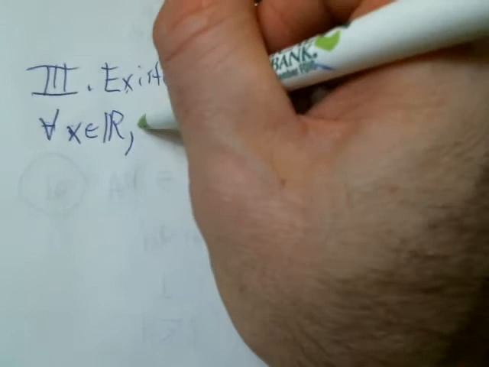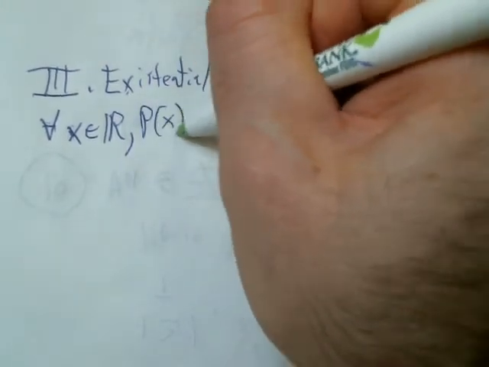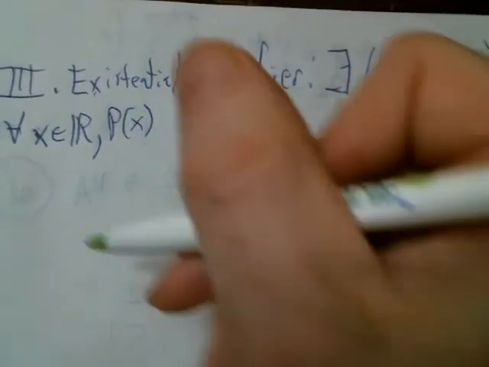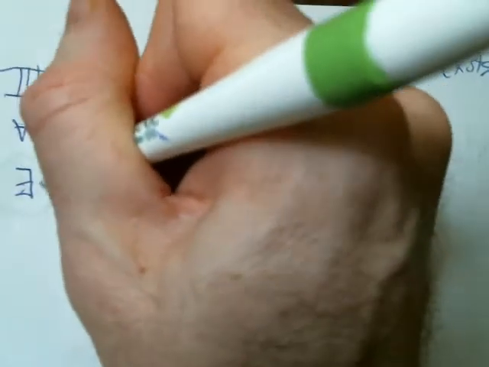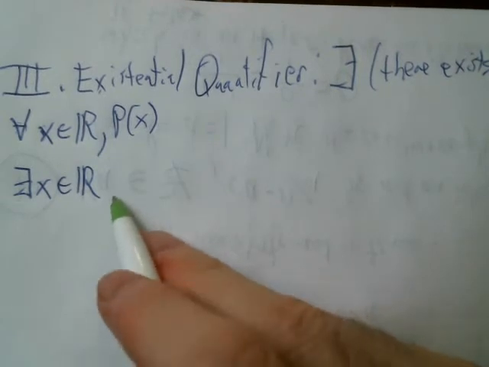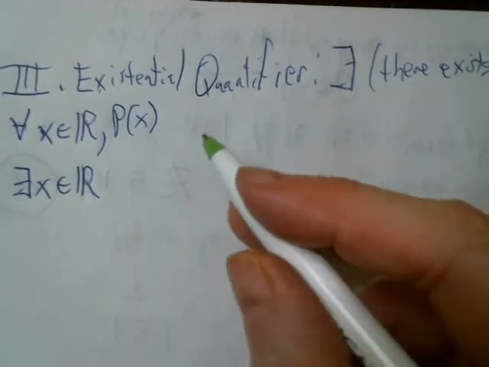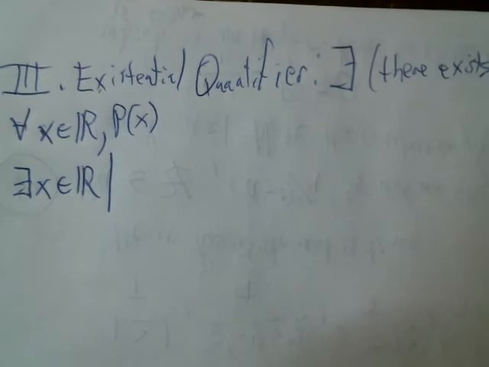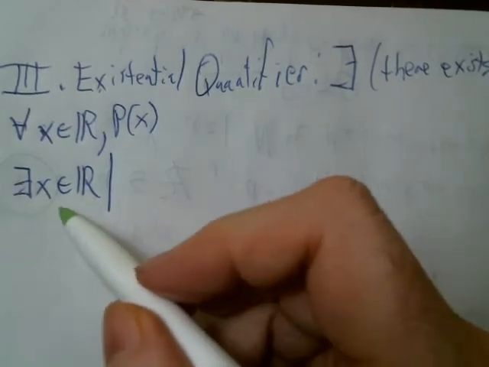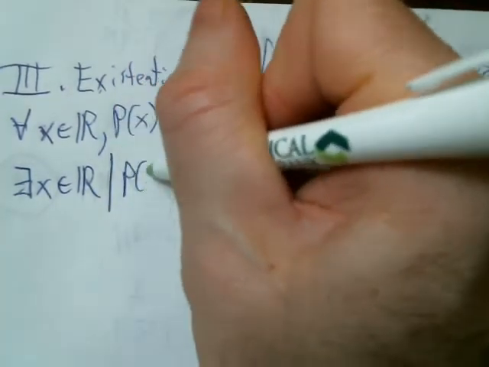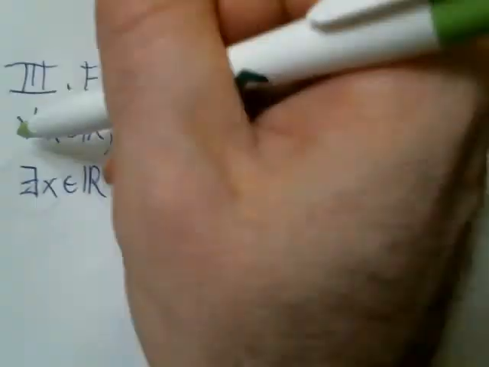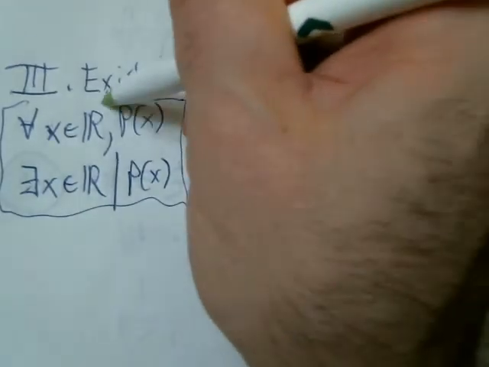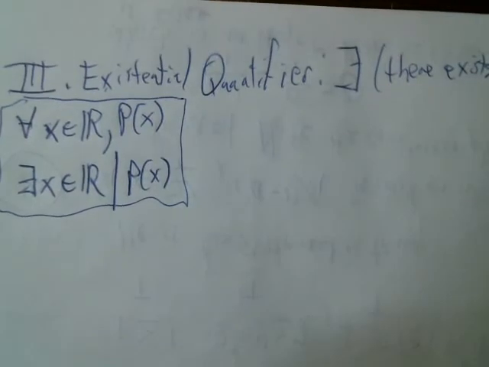For all x in R, P of x is true, right? With the existential, there exists an x in R. Instead of the comma, you generally put such that. We have a symbol for such that, and that's just this bar. For there exists an x in R such that P of x is true. So that's just our symbol notation, general conventions.